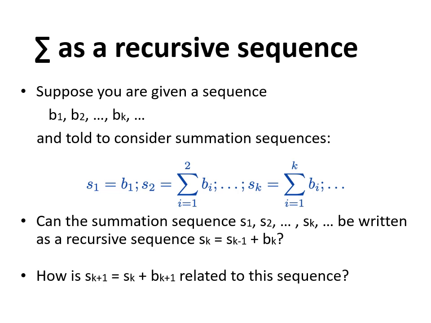So can this summation sequence S1, S2 to Sk be written as a recursive sequence, Sk is equal to Sk minus 1 plus Bk? Well, if we take a look at it, I think it's clear that we can actually do that. And now the question is also, how is Sk plus 1 equal to Sk plus Bk plus 1 related to this sequence? Well, as you can see, it includes and refers to Sk. And so we can leverage Sk and plug it into Sk plus 1 while doing our proofs.